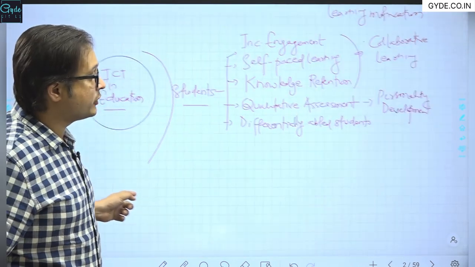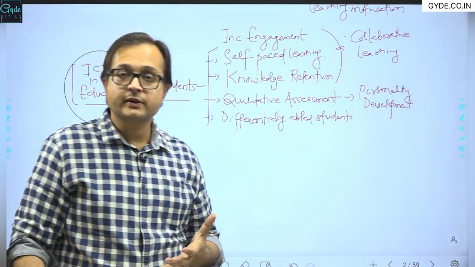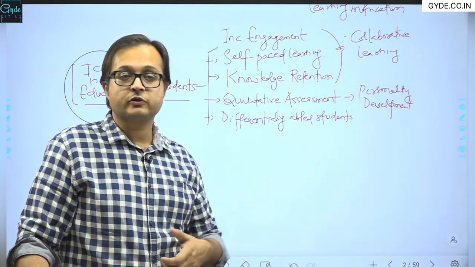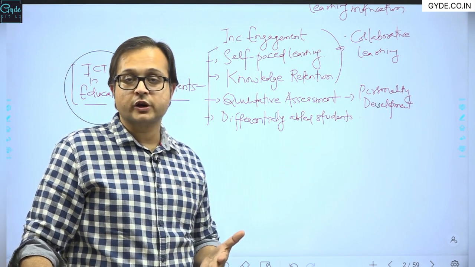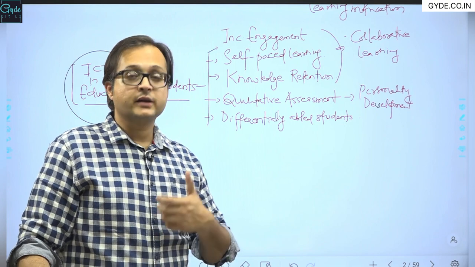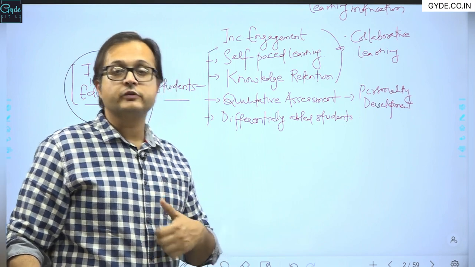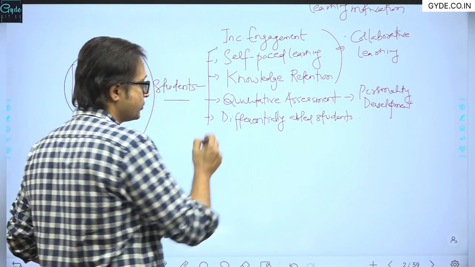Then the basic language barrier, the linguistic barrier that we have, can also be bypassed through various transliteration or translation tools which can be generated, and that can help improve the type of education being provided.